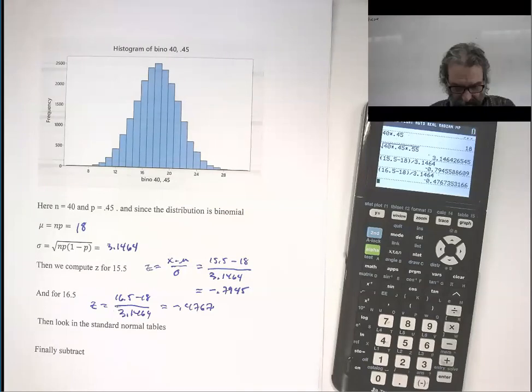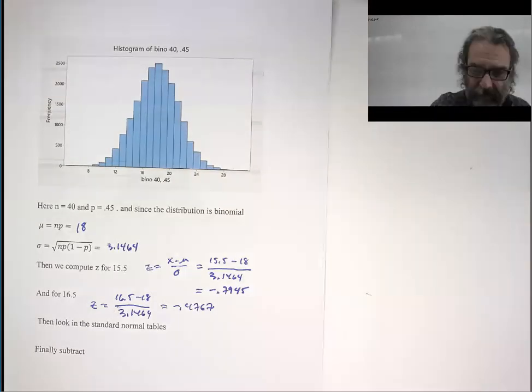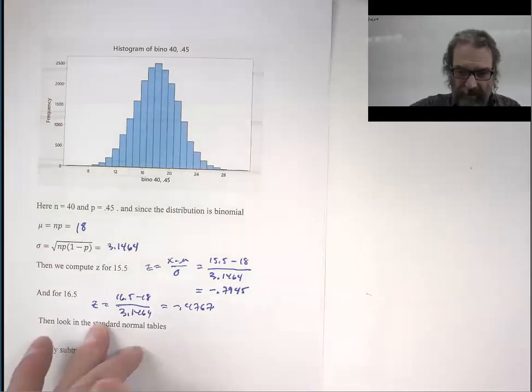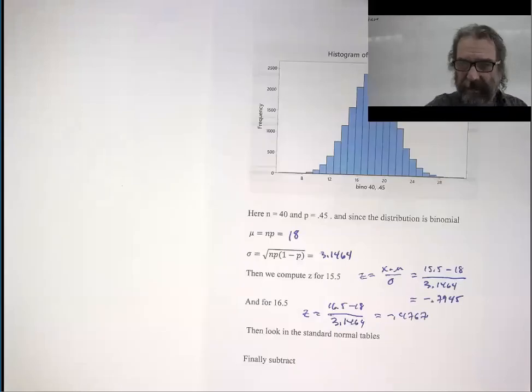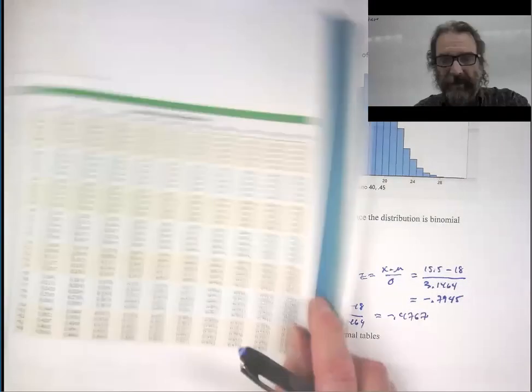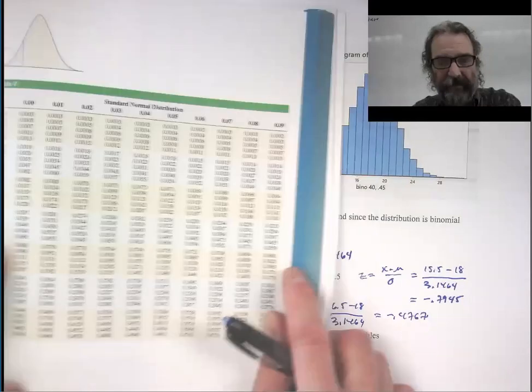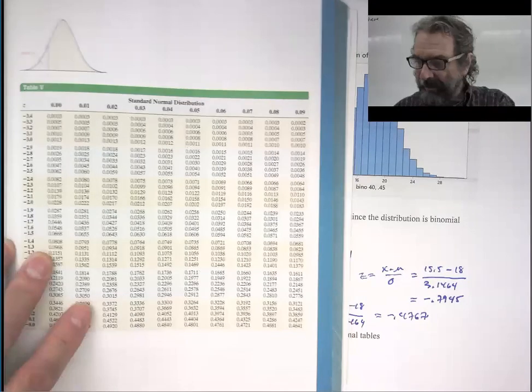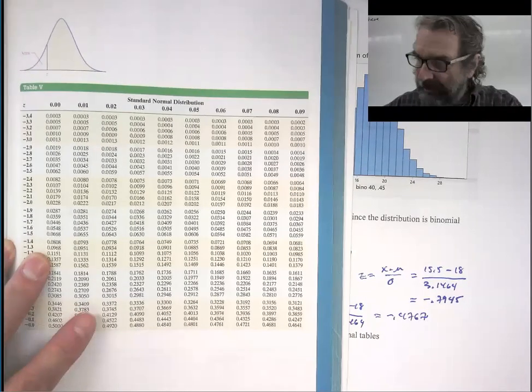I'm in the back of the book looking for the normal tables. Oh, there they are. And we have those negative numbers. Here's the normal tables. Let me get this slid over a little bit. So now we're looking in the tables for the two numbers in question.